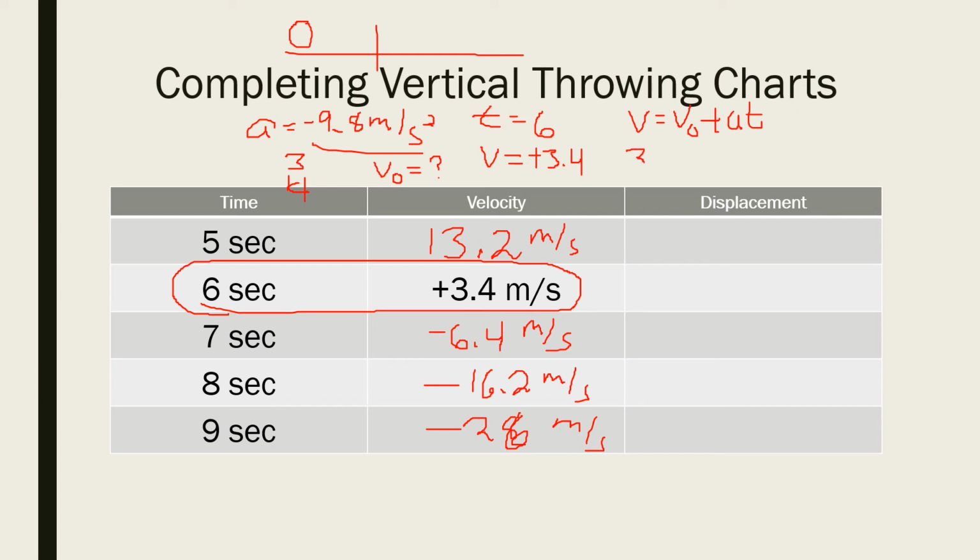The V is 3.4 equals V0 plus negative 9.8 times 6. Negative 9.8 times 6 is, of course, negative 58.8. I'm just out of space. Shoot. Put it up here. Equals V0 minus 58.8. Doesn't matter. I'm just going to add it to both sides.